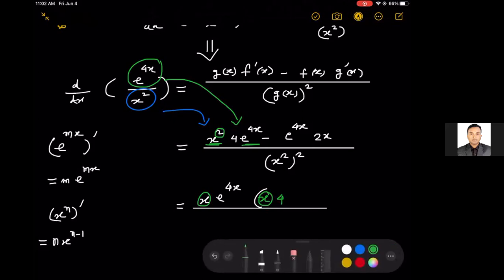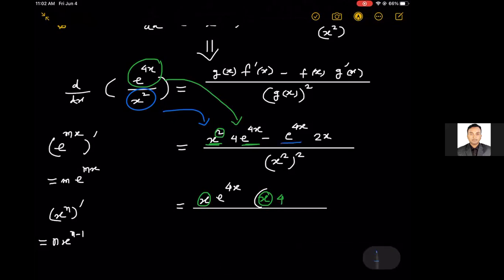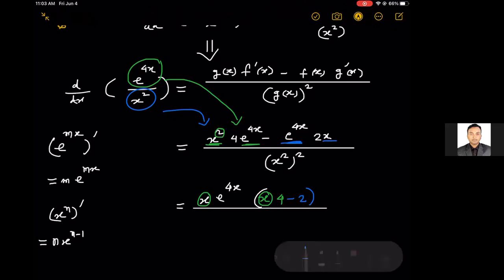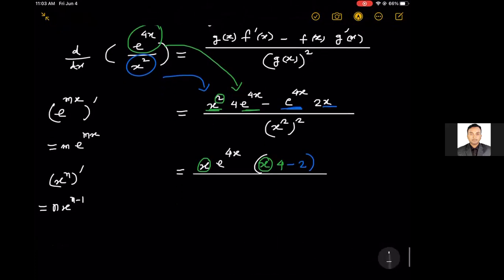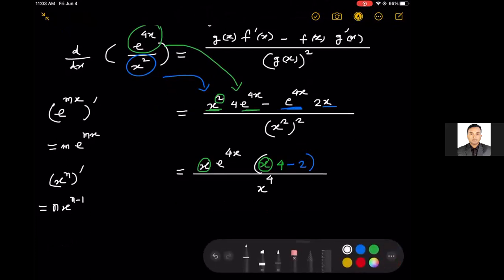And for the second one, we have factored out e to the 4x, so we don't have anything from that part. From this part, we have factored out x, so we have 2. I'm just doing some algebra, nothing else. And in the denominator, we have x to the 4th, and we can actually cancel out one of these.